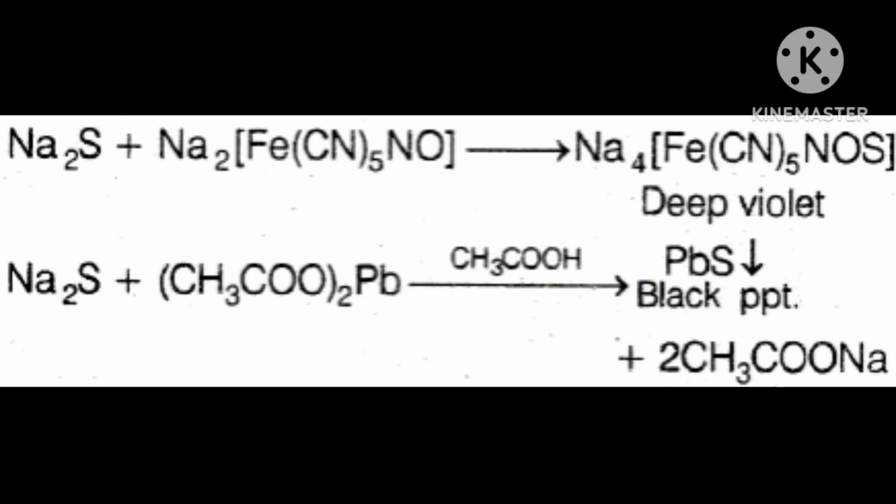Because nitrogen and sulfur will be attached with carbon. That's why you write carbon here. Then Na plus C plus N plus S gives NaSCN, sodium thiocyanate. Here S is also there, N is also present. This is the sodium thiocyanate.